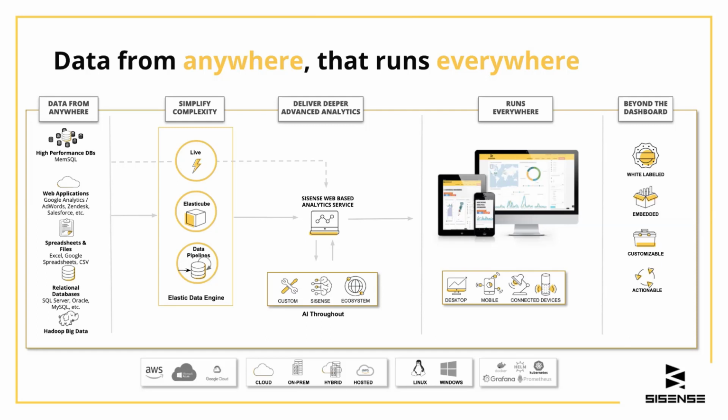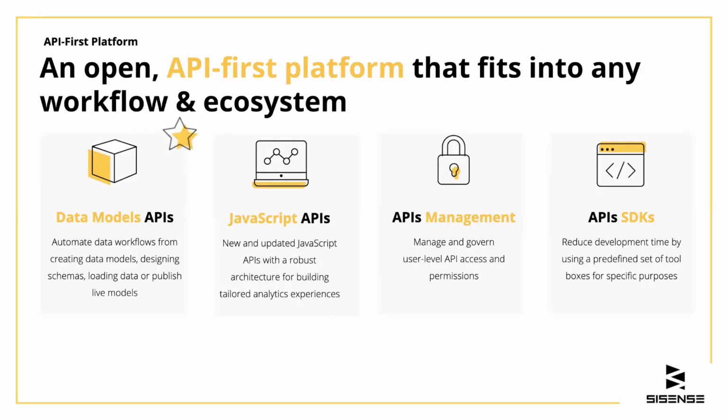Sisense is extremely extendable, and this is supported by a rich API ecosystem that allows developers and IT managers to completely customize and automate any process required to operate the application within your environment, whether it's working with data models, using JavaScript and modifying the UI, as well as management and SDKs for deploying and maintaining your environment.